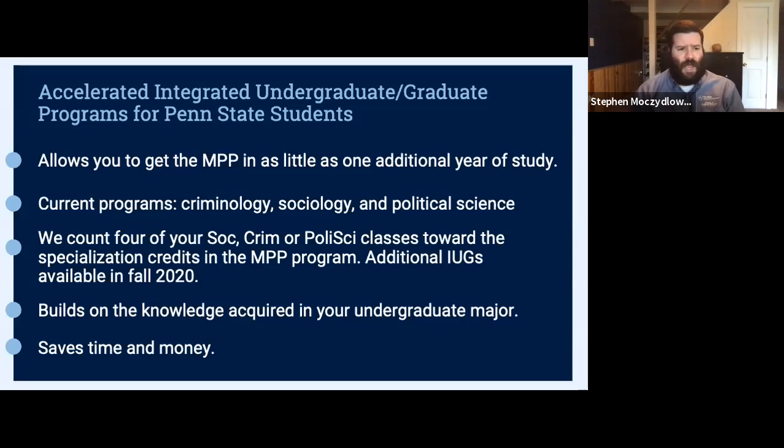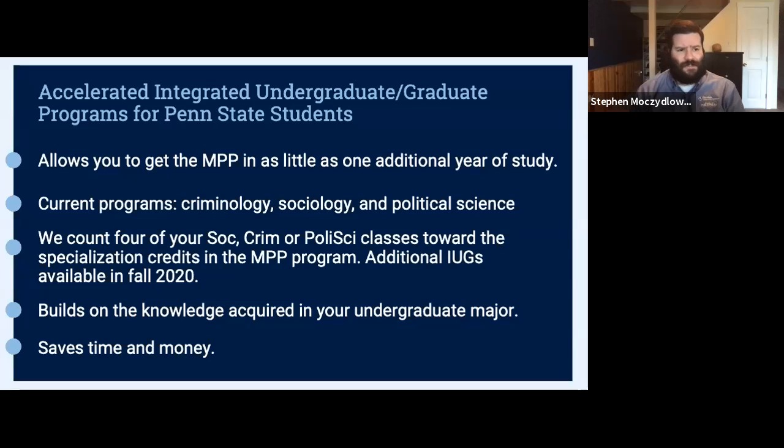It's going to save you time and money because instead of doing 2 years for a master's degree, you're only going to have to do 1. And the nice thing about that year that you are finishing both your undergrad and starting the MPP is that you're only being charged undergraduate tuition. And so you essentially get an entire year of master's curriculum done during your senior year of undergrad, and you're only paying 1 year of graduate tuition for a 2-year professional master's degree.